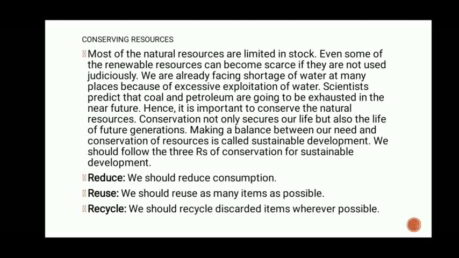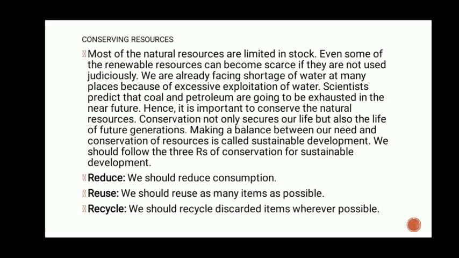If they are not used judiciously, we may fall into shortage. Example, water. In many places, water has become a scarcity. We could have seen people in our nearby areas or in our own areas where water is not available, and we need to save every drop of water.